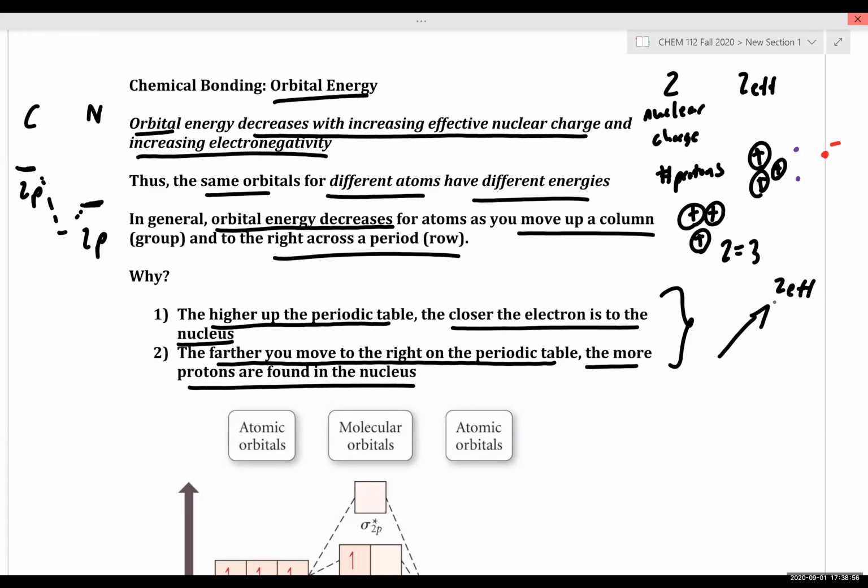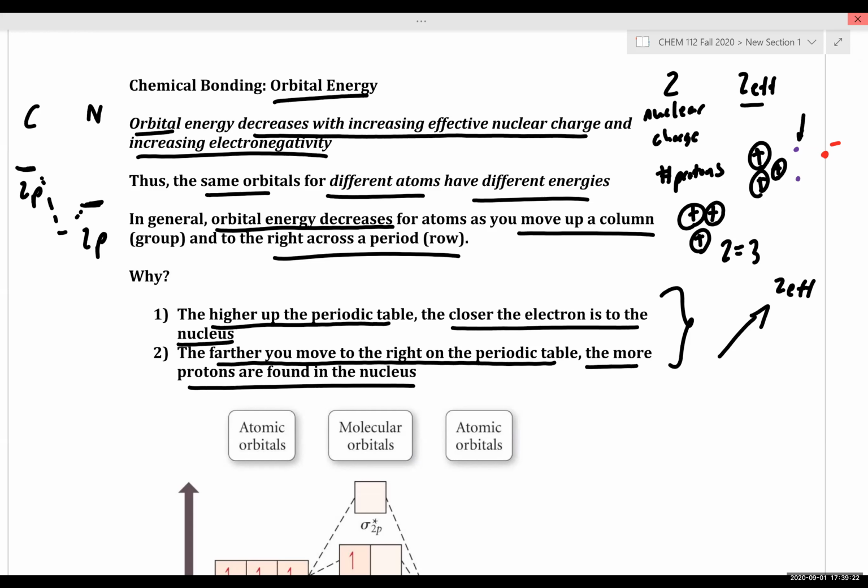We'll talk a little bit more about this when we start to change our orbital size, because the larger our orbital gets, we're not only getting farther from the nucleus, but our effective nuclear charge also decreases a little bit because we're adding some inner electrons that are shielding.